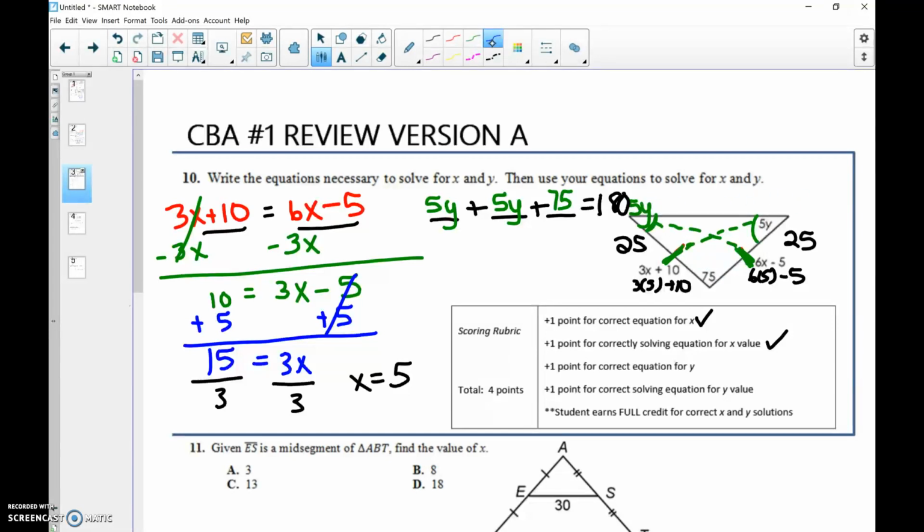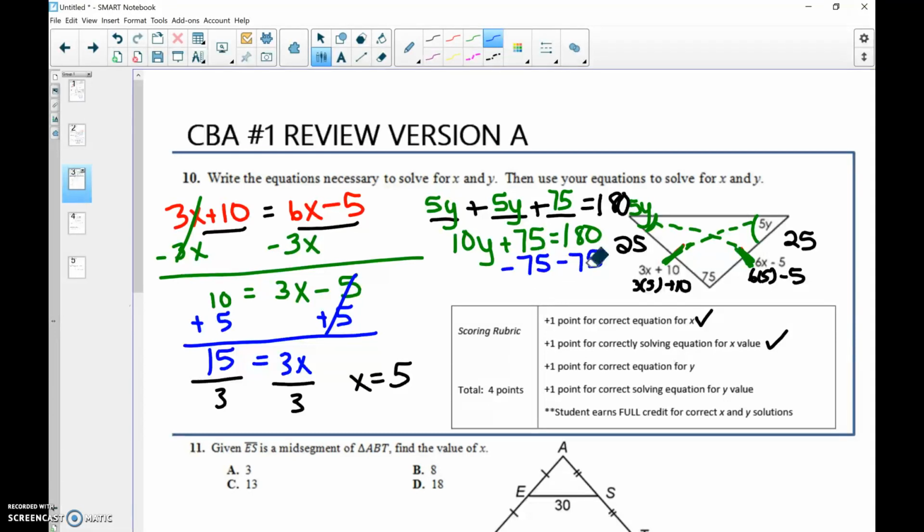Now I can start solving for y. Well, 5y plus 5y is going to be 10y together. Still have plus 75. Those are not like terms, so don't add them together. And it equals 180.